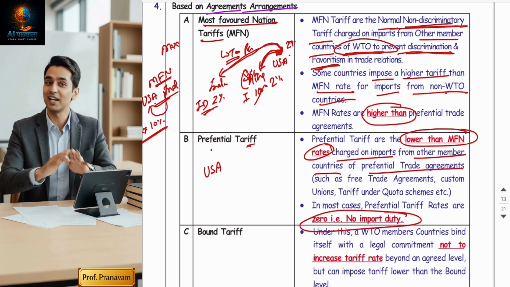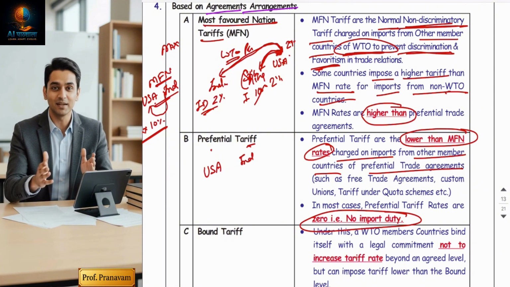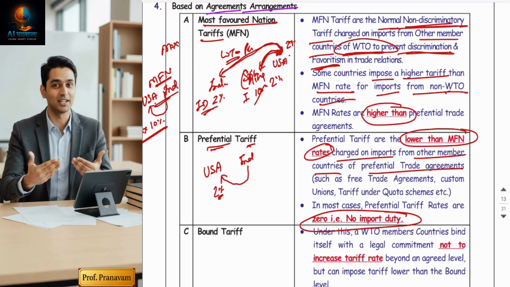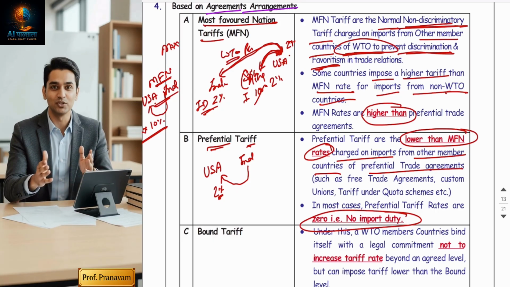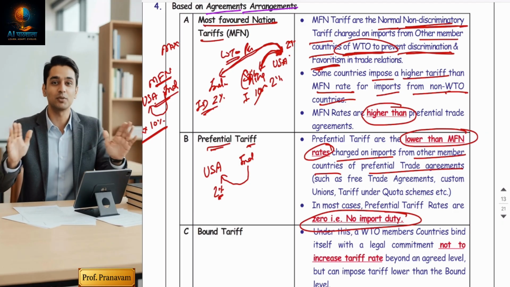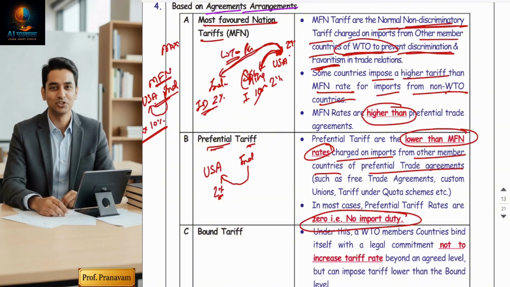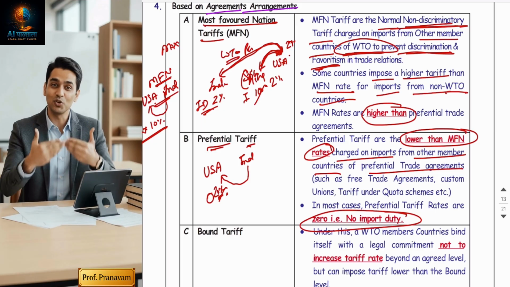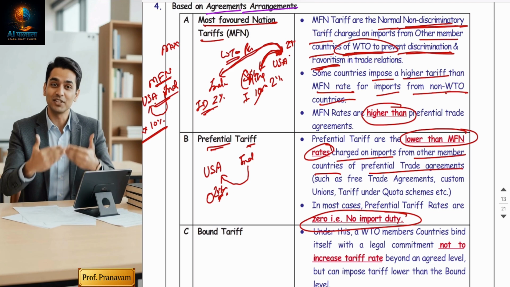US can charge lesser than 10, but cannot charge more than 10. Okay, so US has started charging on Indian imports 2%. It's called preferential tariff. Means US is giving a preference to India. They want to purchase goods from India, that's why they have charged lesser than the MFN rate. Sometimes US requires goods and wants to give preference to Indian products. He may charge 0% also. Okay, so preferential tariff will always be lesser than MFN tariff.